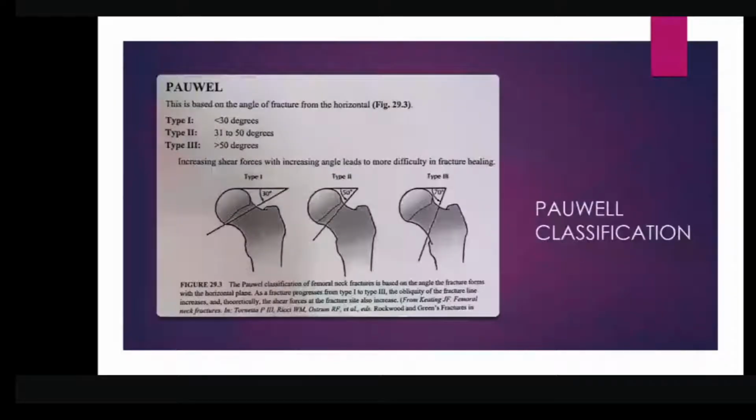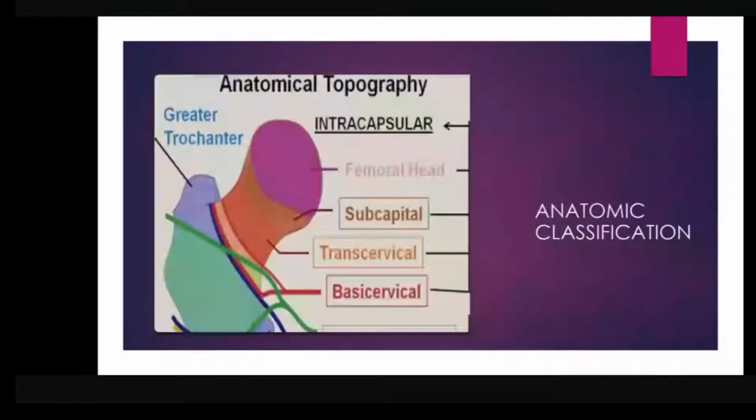Now classification again is very important. This is the anatomic classification: subcapital fracture, transcervical and basicervical. It is basically divided according to the attachment of the capsule. It may be intracapsular neck femur or extracapsular neck femur.